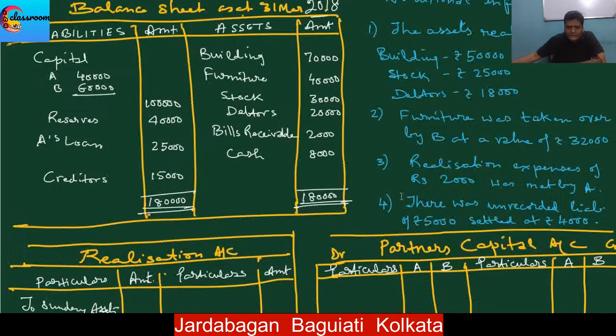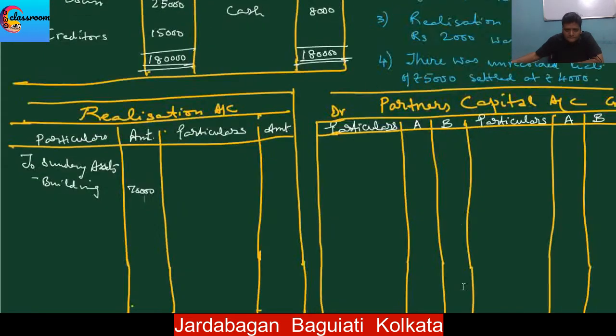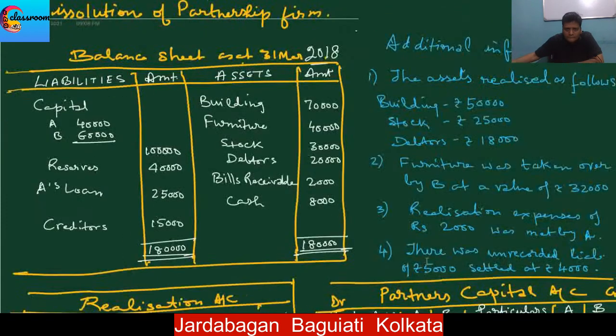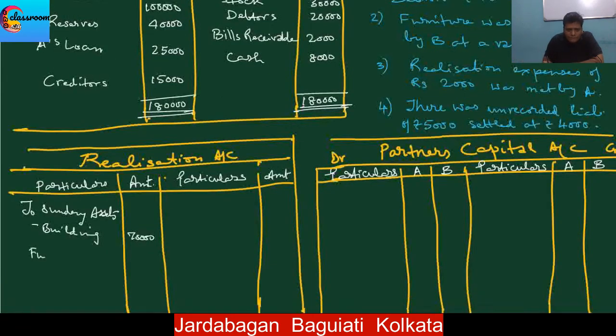We write the names of all the assets that we can see in the balance sheet: building, furniture, stock, debtors. Building 70,000. Furniture, stock, debtors.